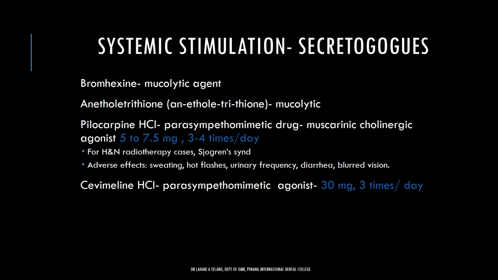It's a muscarinic cholinergic agonist, and this is generally given in cases of head and neck radiotherapy or in Sjogren's syndrome. It comes with adverse effects like sweating, hot flashes, urinary frequency, diarrhea, and blurred vision. So essentially, all the parasympathomimetic parameters are increased, resulting in excessive body fluids.